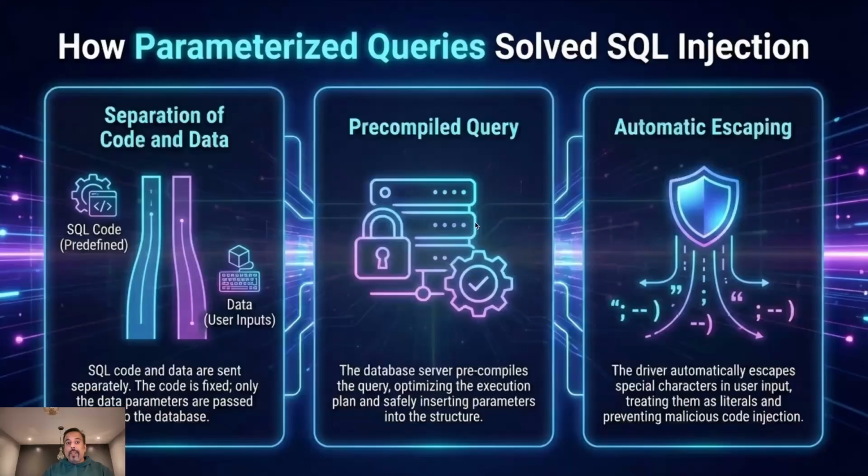Automatic escaping: parameters are automatically escaped by the database driver or API, whichever you're using. Escaping ensures that special characters like quotes, semicolons, and the ones you just saw within the user input are treated as literal characters rather than SQL code. This prevents the attacker from injecting malicious SQL commands. So for example, if you are using a parameterized query, your query is already pre-compiled.